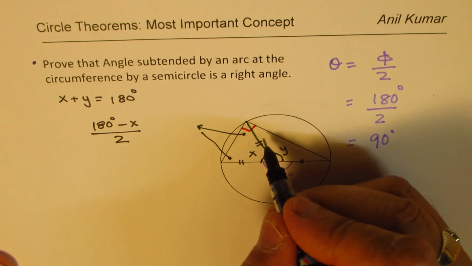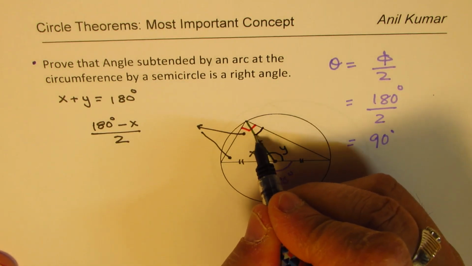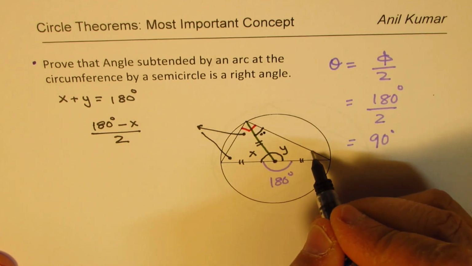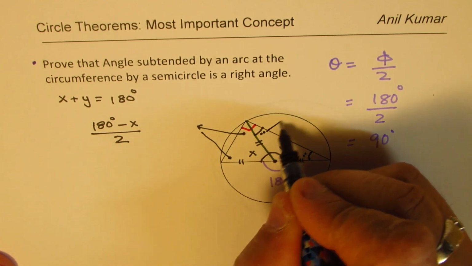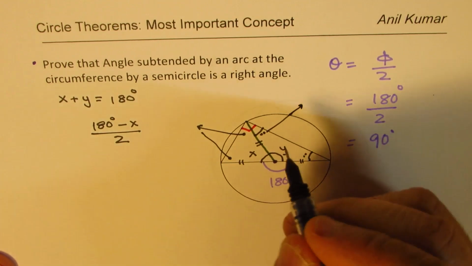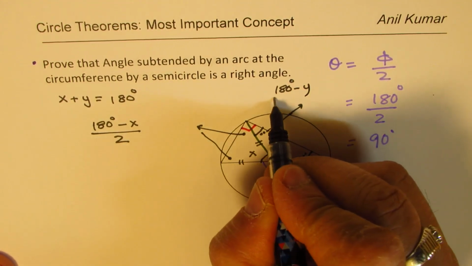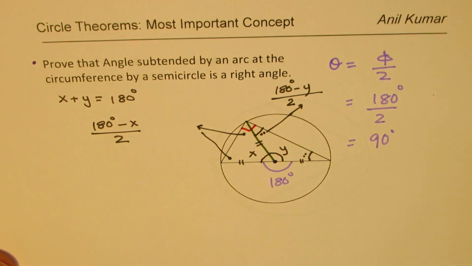Okay, now on the other hand, what should be the angle in the other triangle? Now this angle is equal to the other angle, and both these angles should be how much? They should be (180 degrees minus y) divided by 2, correct?